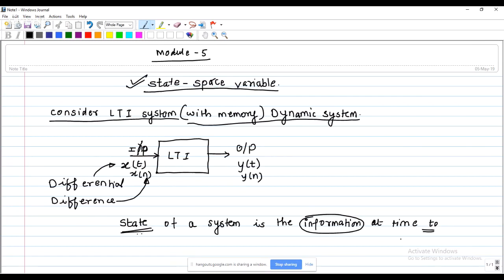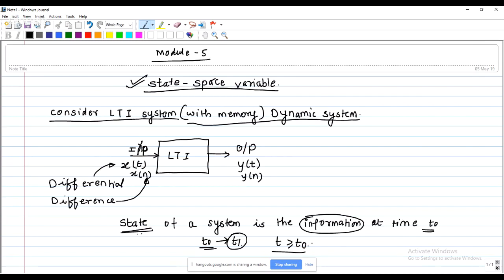And then if I move on from t0 to t1, the next time instance, we know the initial condition at t0, and we can easily predict what will happen at t1. So state is the information provided of a system for t greater than or equal to t0.